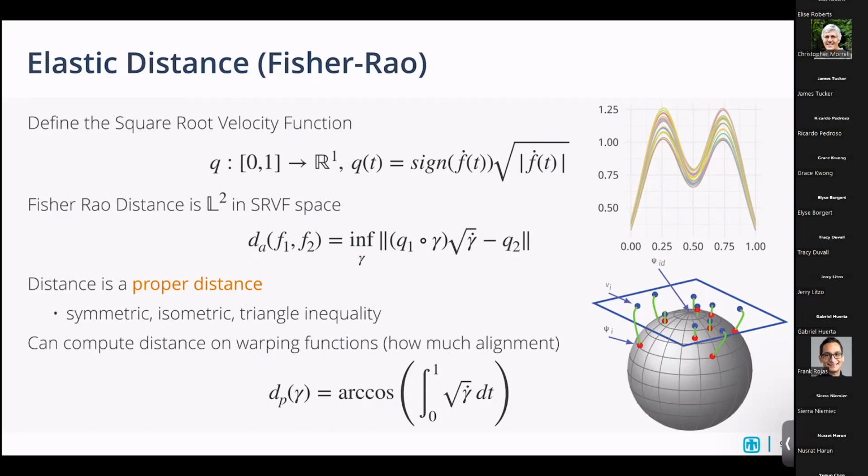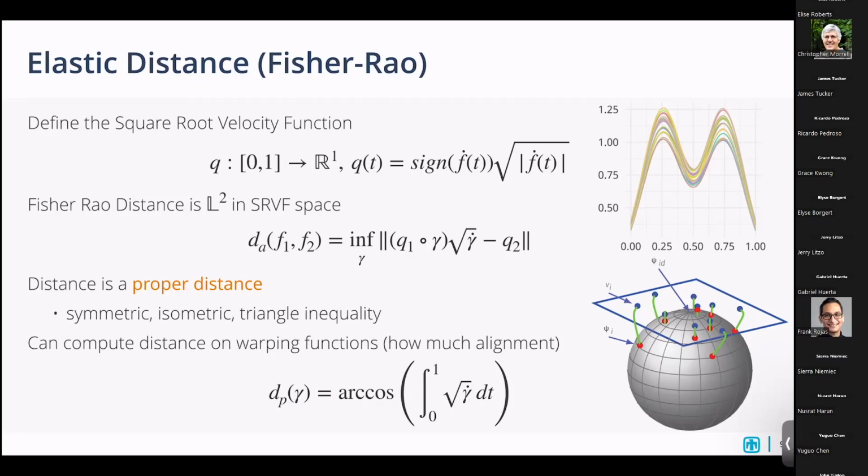The beauty of this transformation is that the Fisher-Rao distance on this space is L2 on Q space, which we'll call the square root velocity space. So we can define an amplitude distance as the infimum over gamma of the L2 distance between the square root velocity transform of F1 composed with gamma, times the square root of gamma dot, minus Q2.